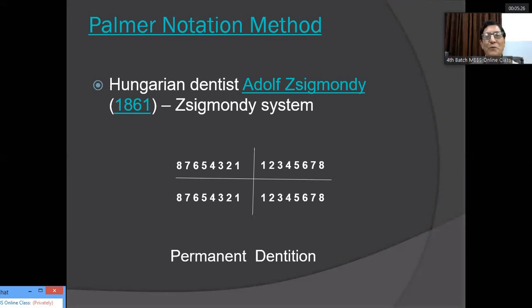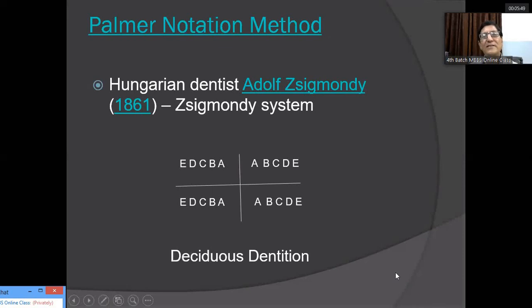But if you write these 2 lines and write capital A, that becomes right upper deciduous central incisor. Although both are central incisors, if you write 1, that becomes permanent, and if you write A, that becomes deciduous dentition. We have altogether 20 deciduous teeth.